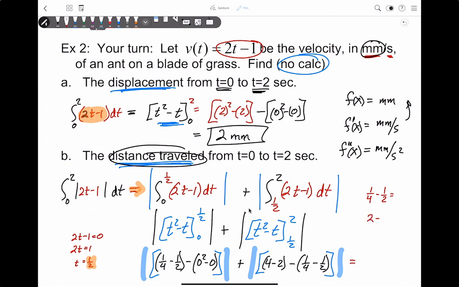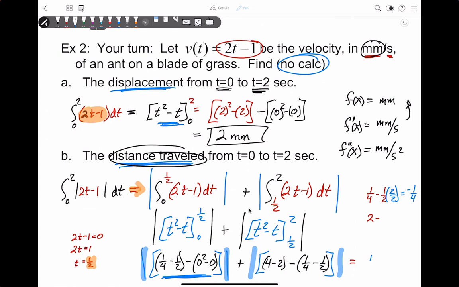So 1/4 minus 1/2, if I get a common denominator going on, I'm going to have to multiply this one by 2 over 2. So I can do this by hand. So I have 2/4. 1 minus 2 is a negative 1/4. So this right here became a negative 1/4 that when I take the absolute value becomes a positive 1/4.